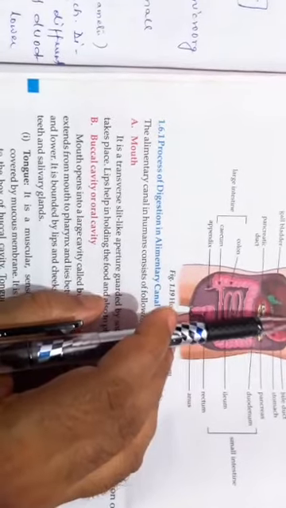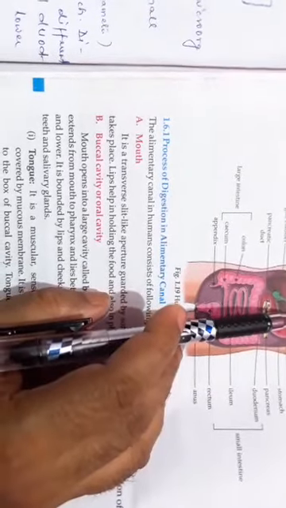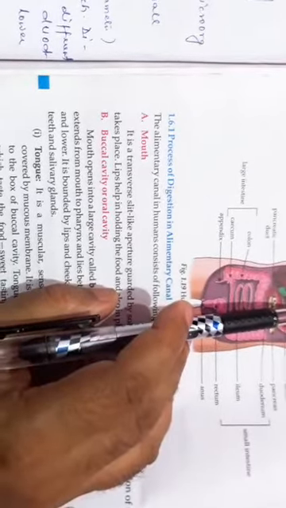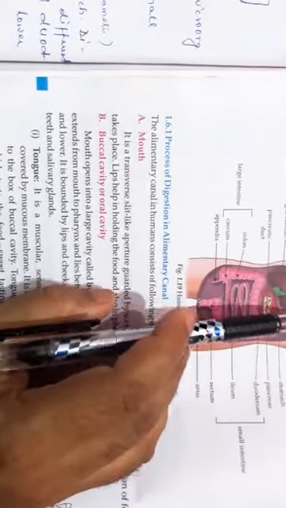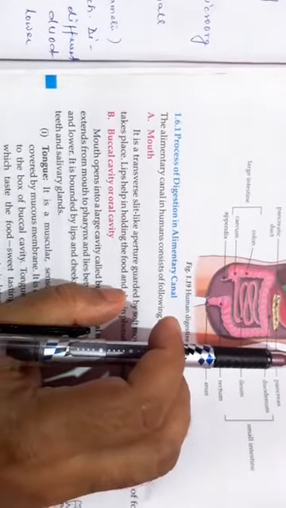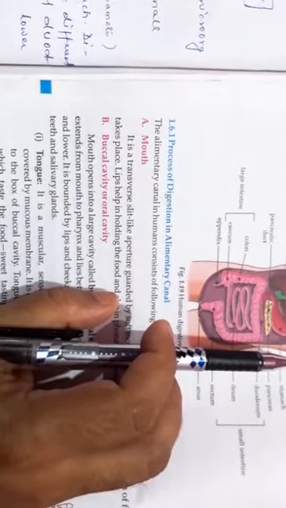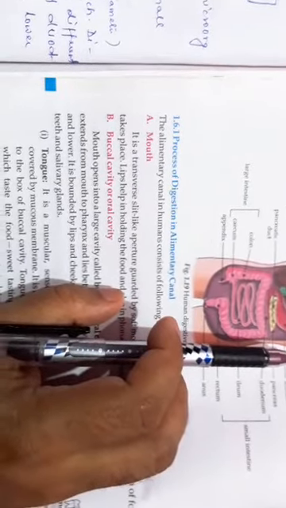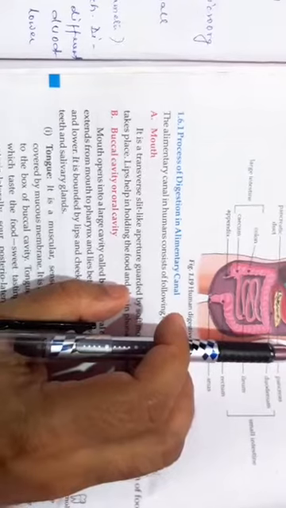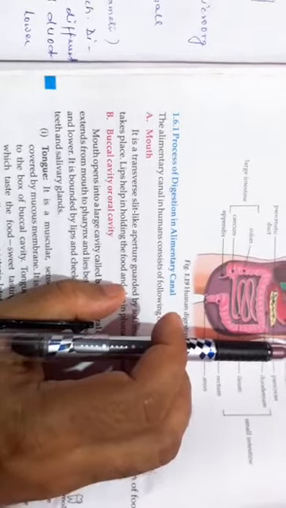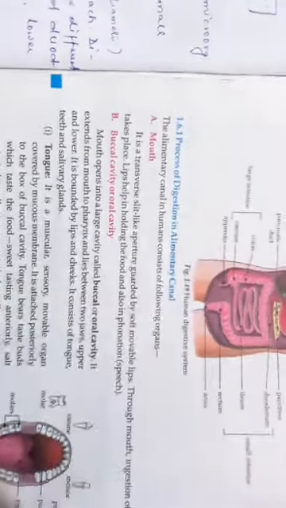It secretes bile juice which is stored in the sac called the gallbladder. Bile juice helps in the digestion of fat. Fat is present in big droplets in the food, because of which it cannot be digested. So it should be broken down into small droplets to make digestion and absorption easier.